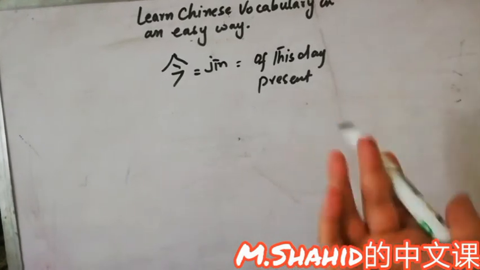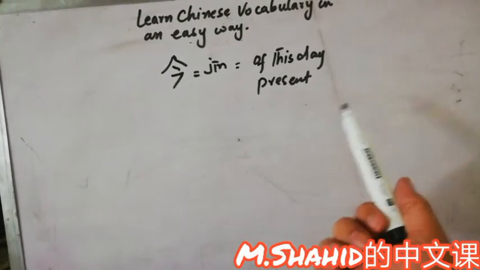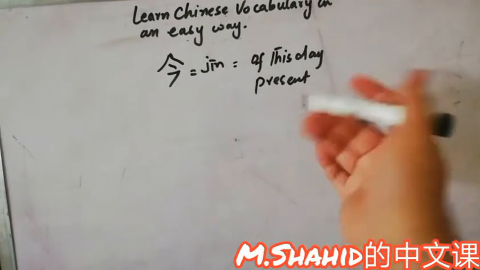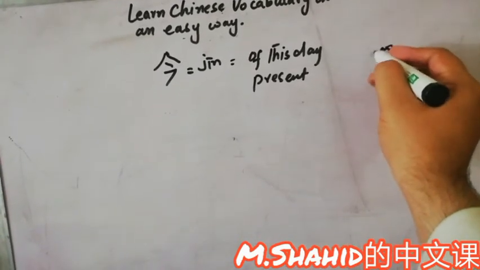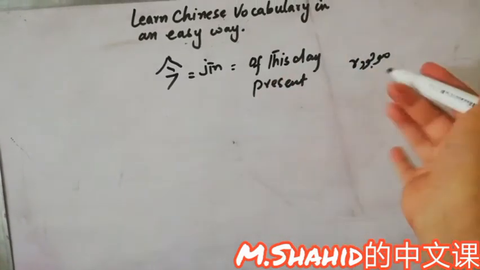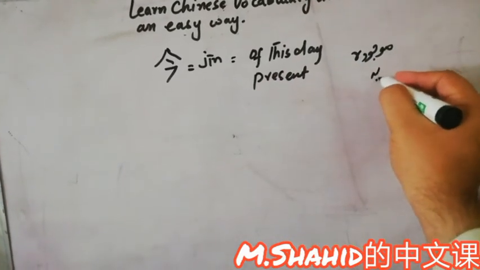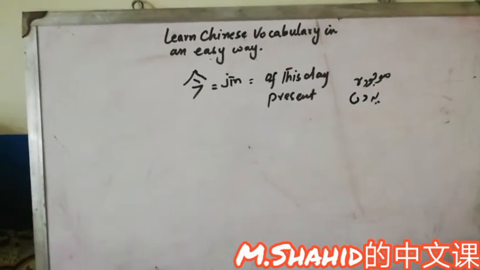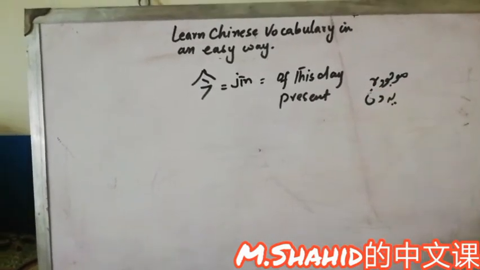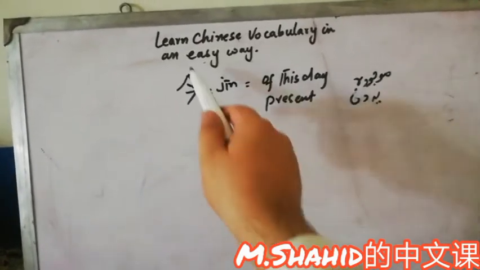I'll be discussing it in English and Urdu at the same time. Of this day means mawjuda, you can say ye din. Jin.